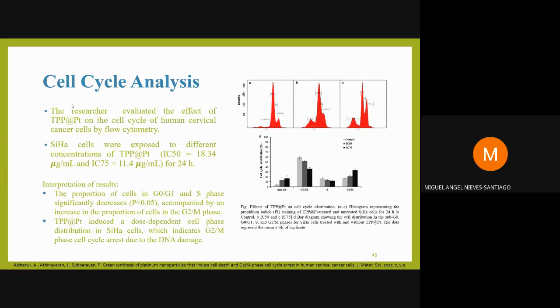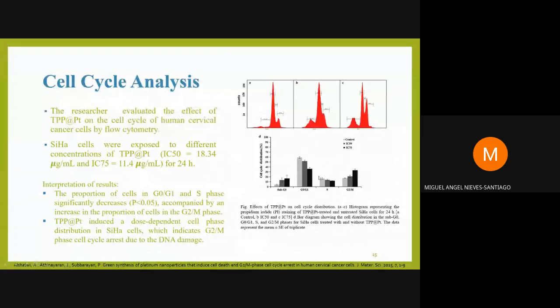Some of the results we could see is that with increasing concentration, the proportion of cells in the G0 and G1 phases does decrease, and the S phase also significantly decreases.